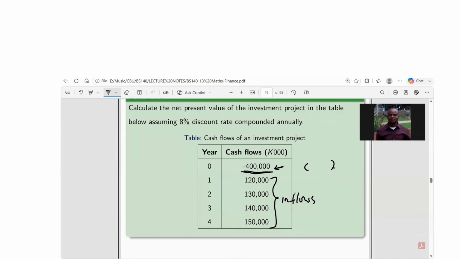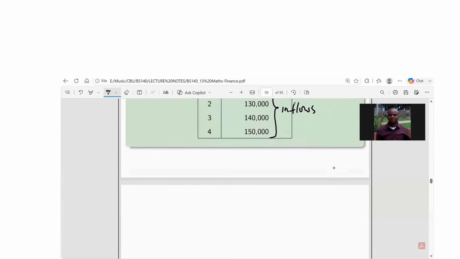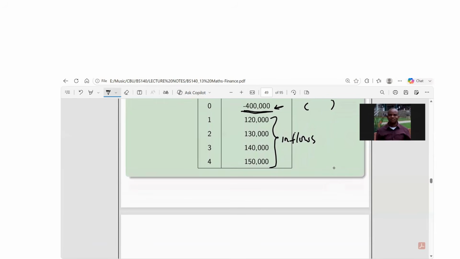So let us see how we can compute the present value. Let us start in year number 1. We know that P naught is given by PT over 1 plus I to the power T. PT is 120,000 in year 1, over 1 plus I, which we're told is 8%, equivalent to 0.08. T is 1.